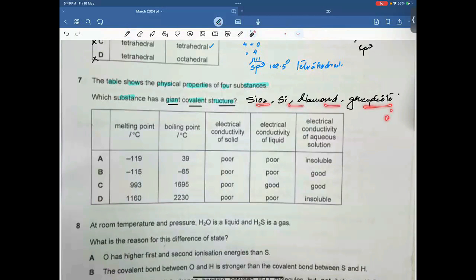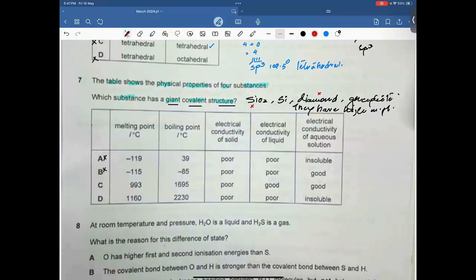All right. Let's talk about that. So they have high melting and boiling points for sure, because they have a giant structure. Which means options A and B are absolutely incorrect. Now the competition exists between C and D. SiO2 cannot conduct electricity. Diamond cannot conduct electricity.